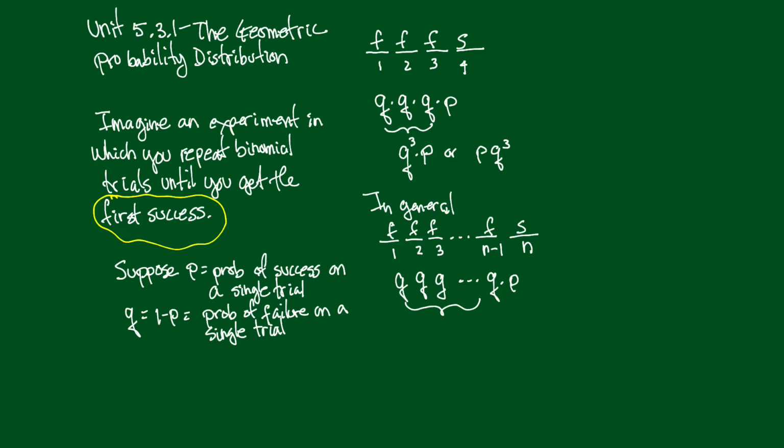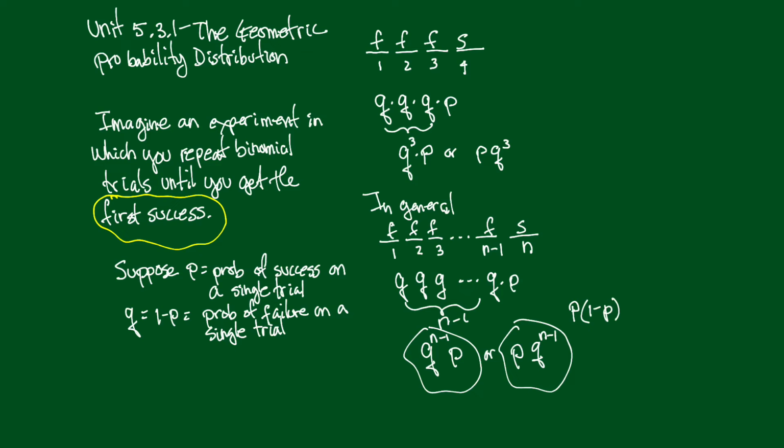So I've got n minus 1 of those q. So it's going to be q to the n minus 1 times p. Or, if you like, p times q to the n minus 1. Or, maybe you could write it as p times 1 minus p to the n minus 1.